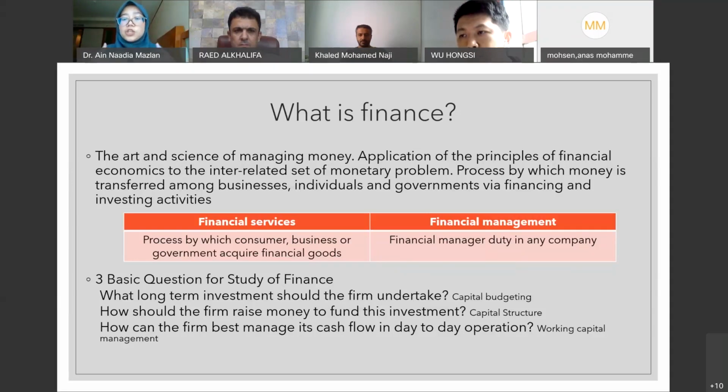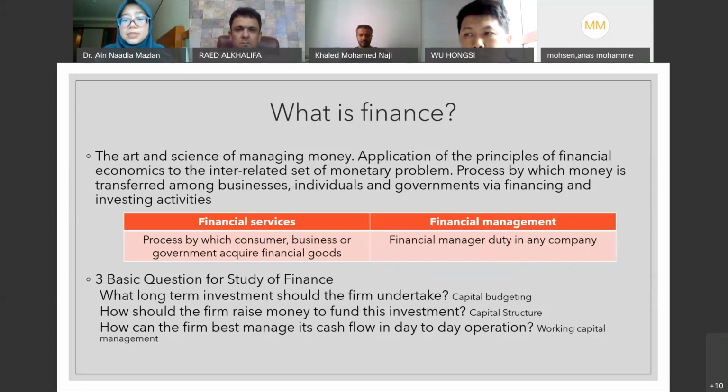When we talk about short-term investment, we need to talk about daily spending, because every day there's money flowing in and out. Maybe the money does not come daily, but it is a process cycling every day. So we're going to learn about that in working capital management.